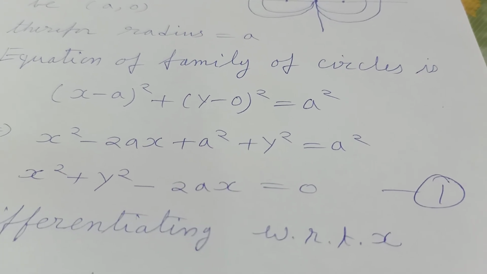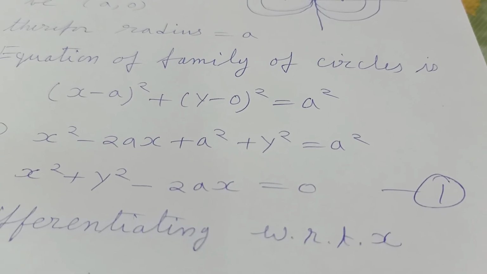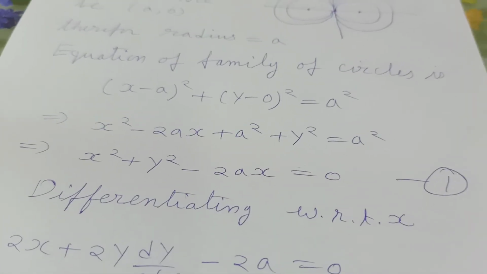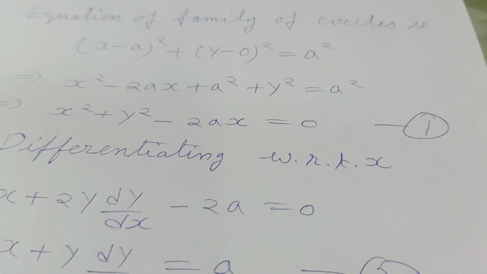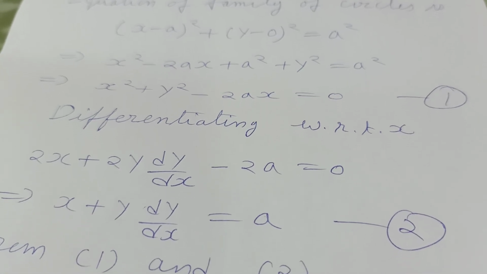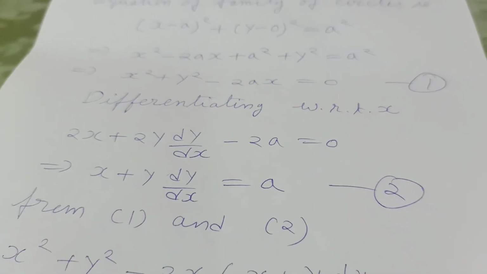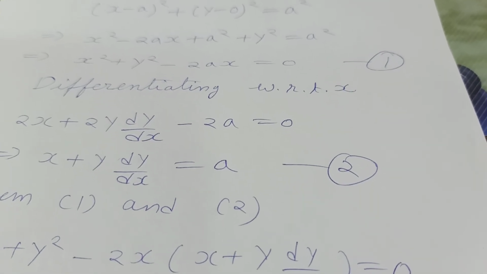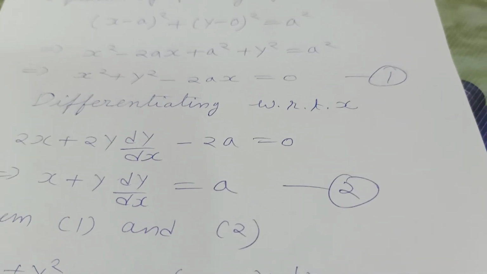Now we will get the differential equation of relation 1. It has only one parameter, so we will differentiate once. So we will get 2x plus 2y dy/dx minus 2a equal to 0, that is x plus y dy/dx equal to a. This is our second relation. From 1 and 2 we will eliminate a.